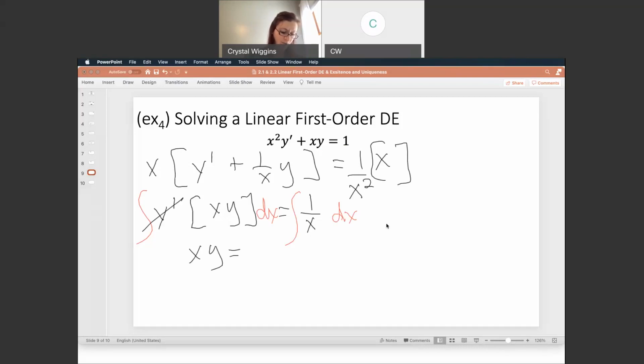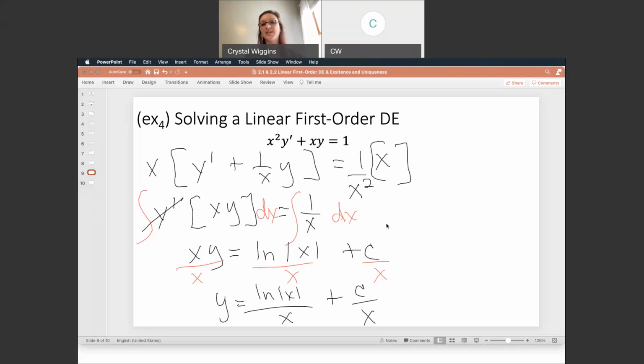And again, the integral of 1 over x is ln of x in absolute values, and we add our constant in now. Last step is to solve for y, so I need to divide by x on all terms, giving me the solution y equals ln absolute value of x over x plus c over x.